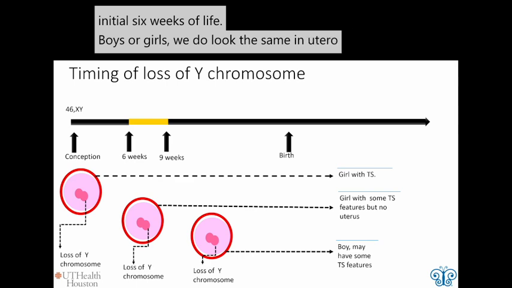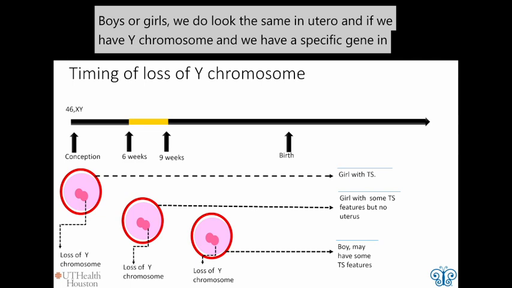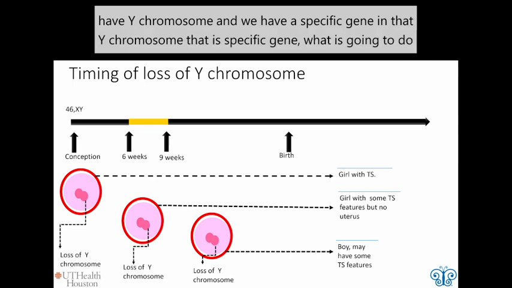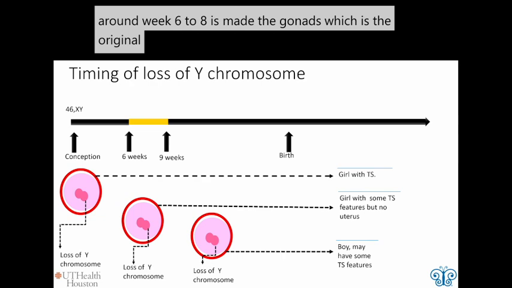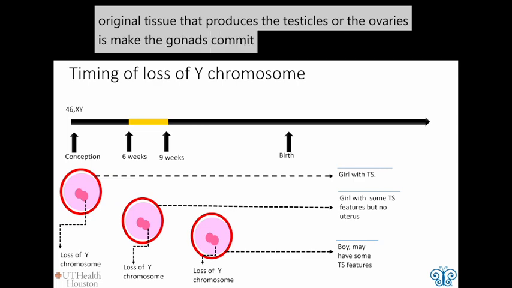And if we have a Y chromosome and a specific gene in that Y chromosome, that gene is going to make the gonads, which is the original tissue that produces the testicles or the ovaries, commit and transform into what looks like a testicle, around week 6 to 8.